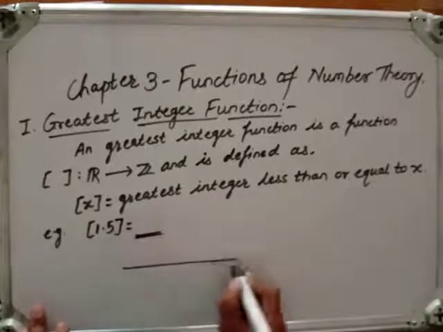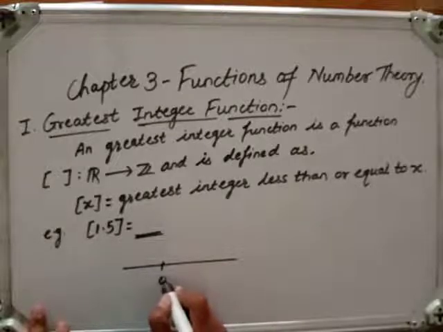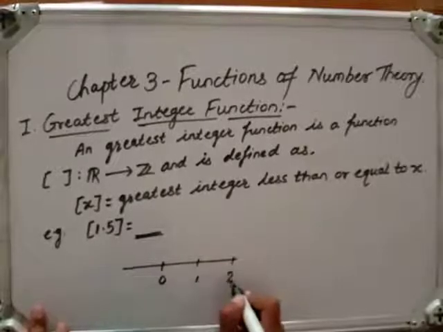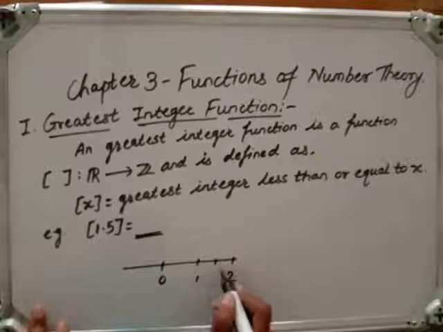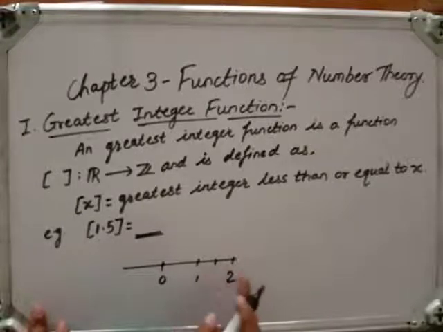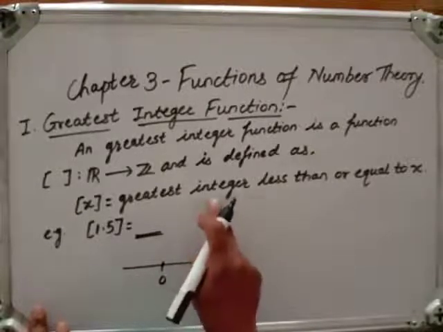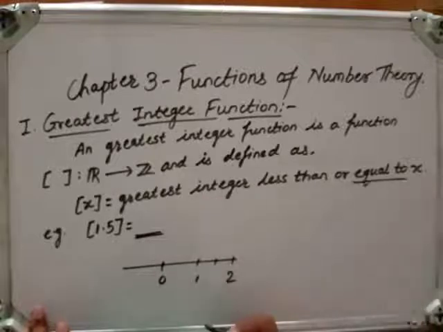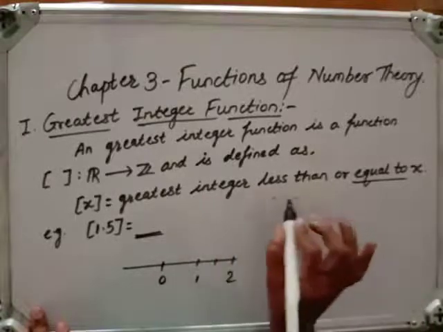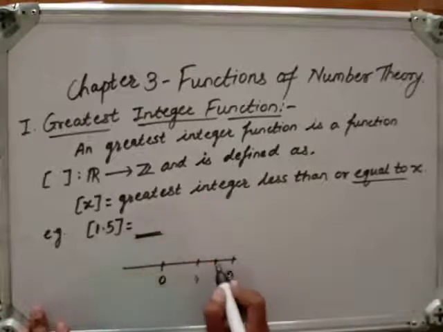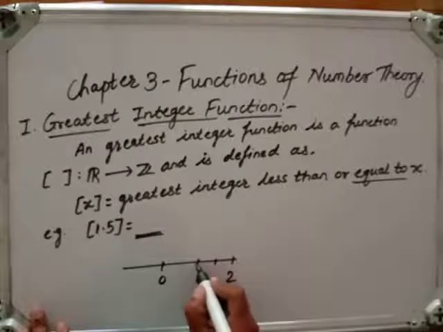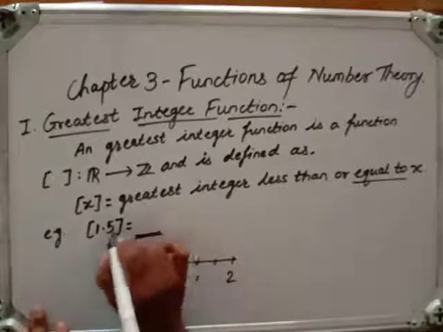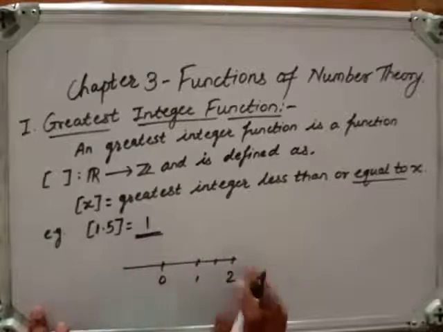So if you see a number line, suppose here 0, 1, here 2, so here 1.5. So less than or equal to x: if it is an integer, it will satisfy the equal to. If it is not an integer, like this, then it is less than that. So here we get the value 1.